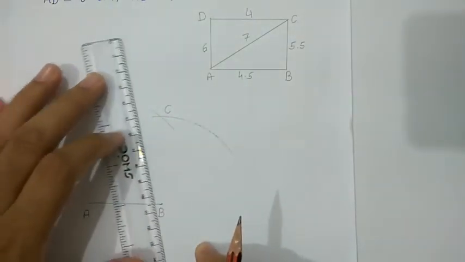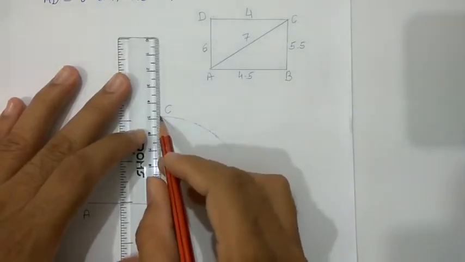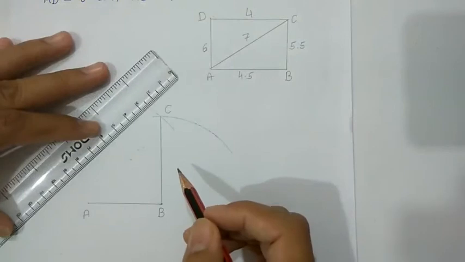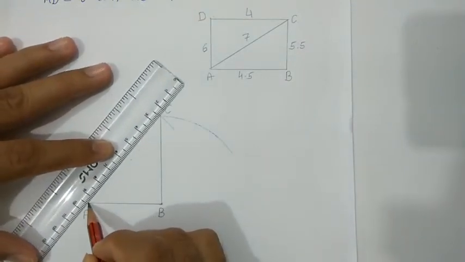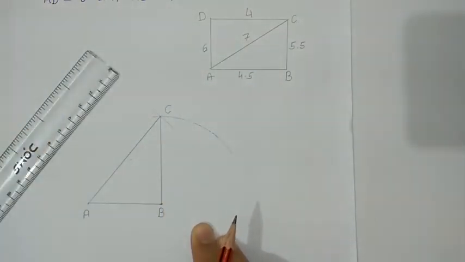Now we can join this point B to C so that we get the side BC. Also we can join A to C. By doing this we get the diagonal AC. Okay, so this much of the portion is over.